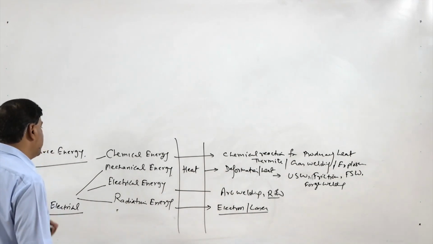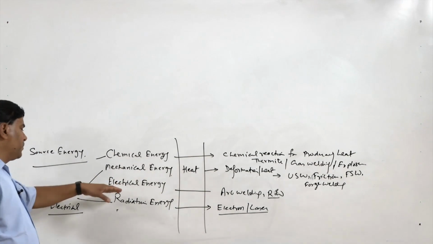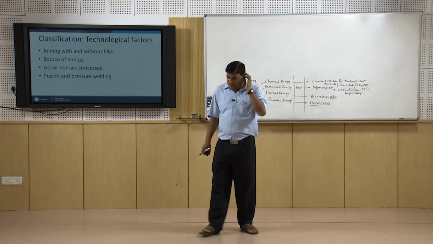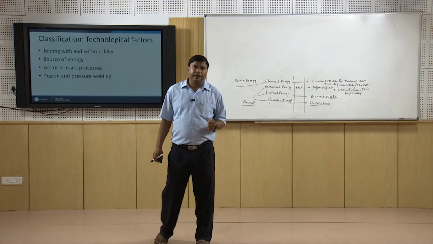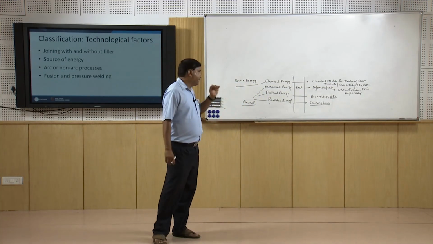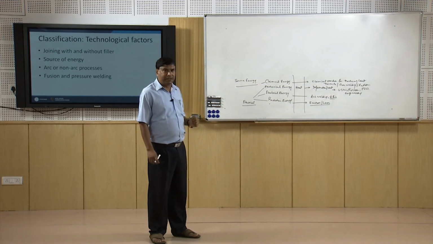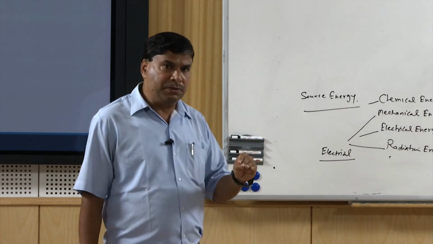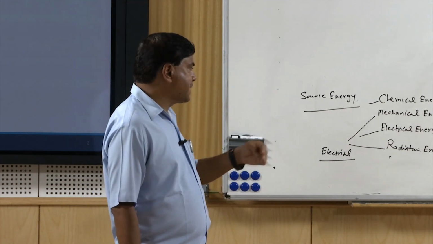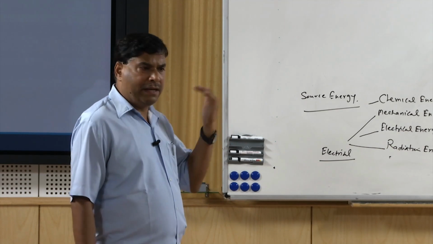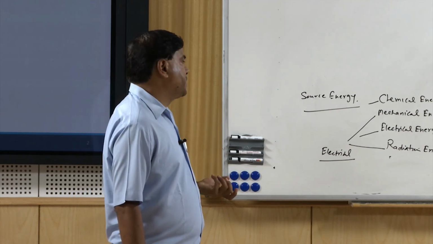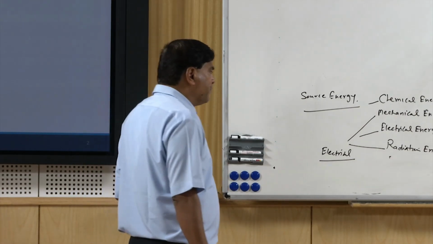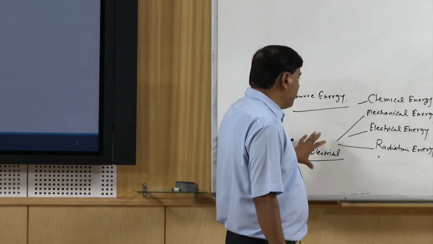So, the problem is that the origin of mechanical and radiation energy is electrical energy, and while we are categorizing them as use of mechanical energy and radiation energy, the form in which the electrical energy is used for the welding purpose in the two cases is different, but the main energy which is used for generating the mechanical energy and radiation energy is coming from the electrical energy only. So, this is the problem related with this.